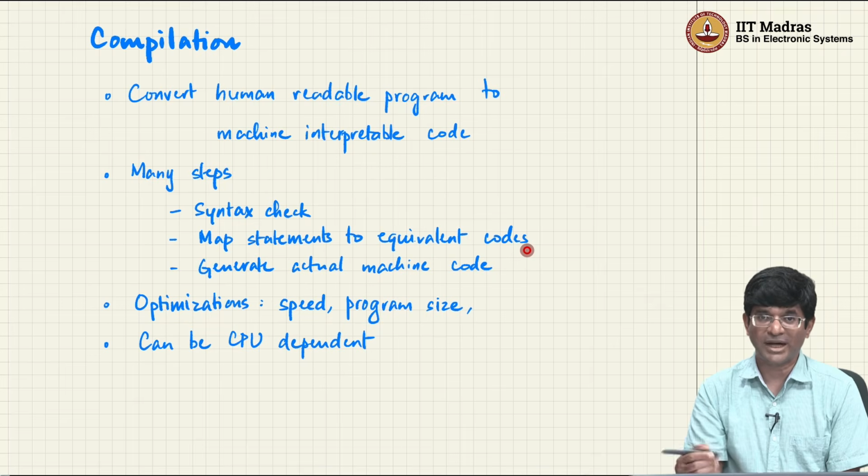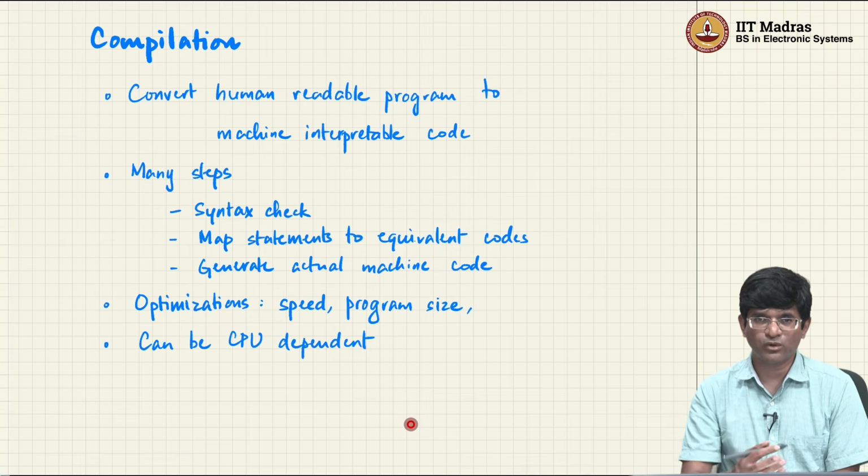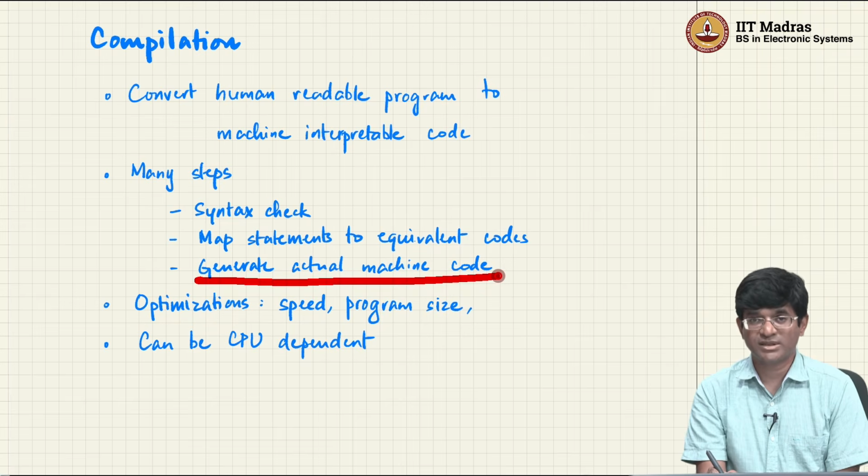So if I have something to add two numbers, for example, I know what kind of code is likely to get generated. If there's a comparison, I know that it's going to be some kind of a branch. And so on, and I'm obviously oversimplifying here, but there are many steps that can be performed with varying degrees of complexity. And finally, the most important one, of course, is to generate actual machine code. That should be the output of the compiler.